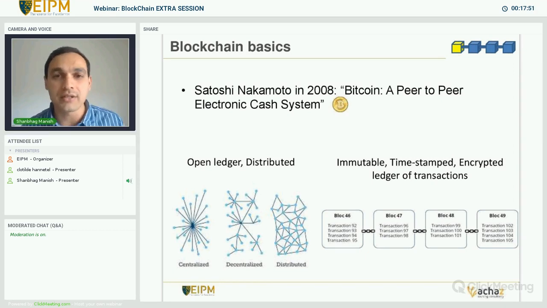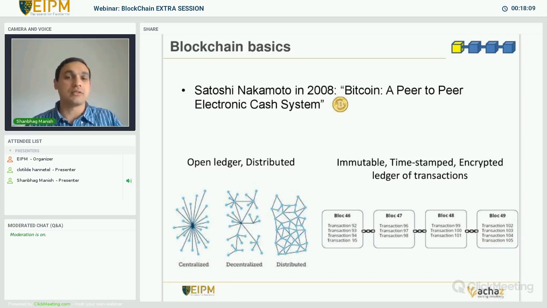Let's look at some of the properties that we can see here of blockchain. Okay, so as a first layer or first level, we can call it an open distributed ledger. Okay, open distributed ledger or a registry of transactions.